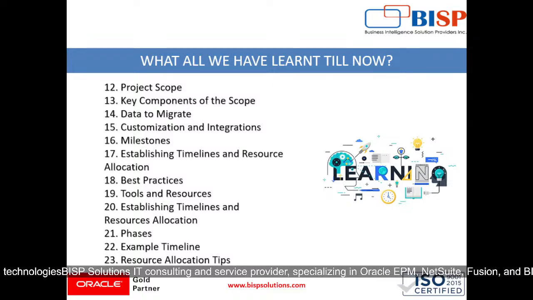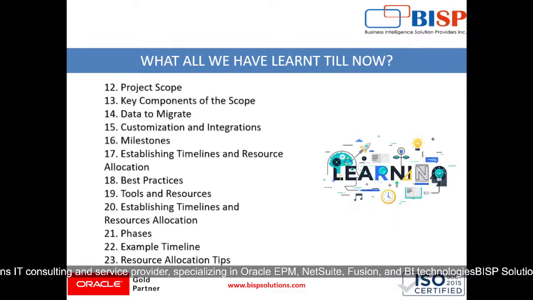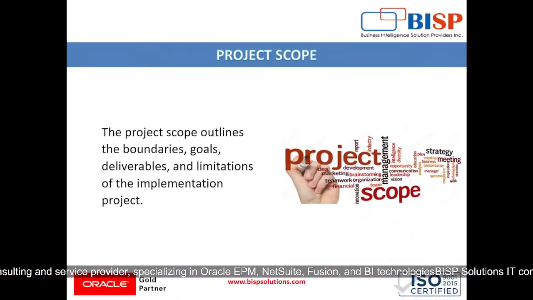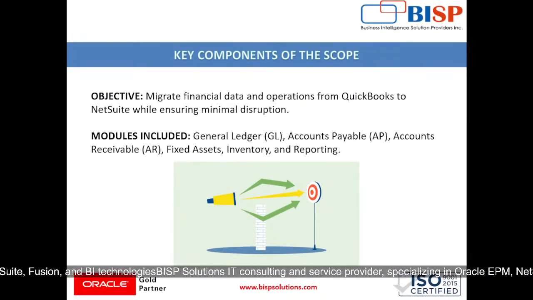So let's start with a small brief of what we have covered in our previous sessions, starting with project scope. We have discussed that project scope is the outline of boundaries, goals, deliverables and limitations of the implementation project, which consists of key components of the scope, where the objective is to migrate financial data and operations from QuickBooks to NetSuite while ensuring minimum disruptions.